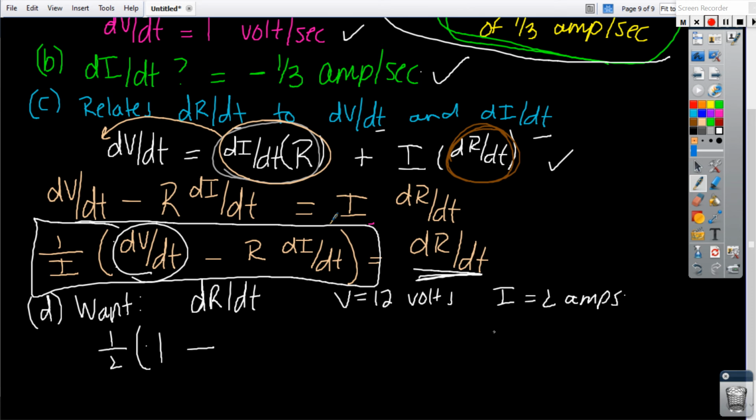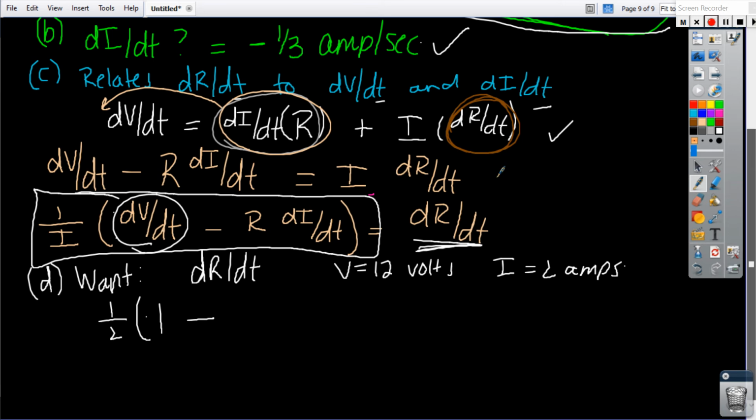Well, I don't, but I do have an equation at the very beginning that tells me voltage is equal to I times R. And I do know V and I do know I, so really I do know R, right? If V is 12 and I is 2, well then guess what? Divide by 2, R is 6. So really I do have R.